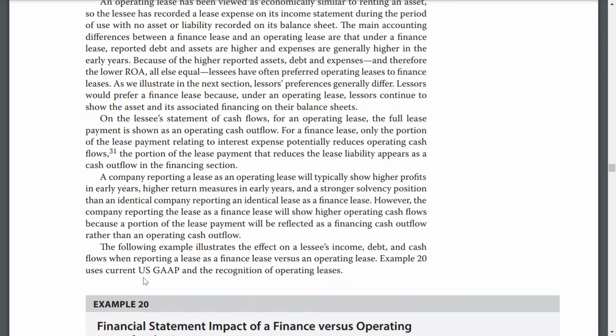For a finance lease, only the portion of the lease payments relating to the interest expense potentially reduces operating cash flow. The portion of lease payments that reduces the lease liability appears as a cash outflow in the financing section.